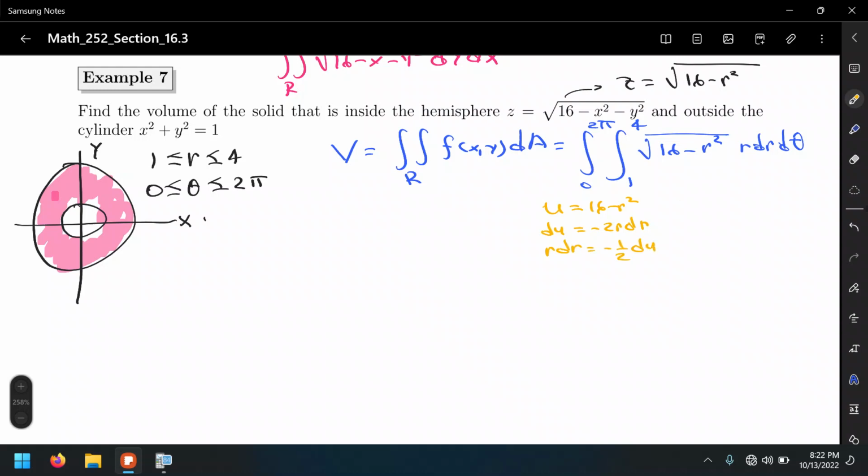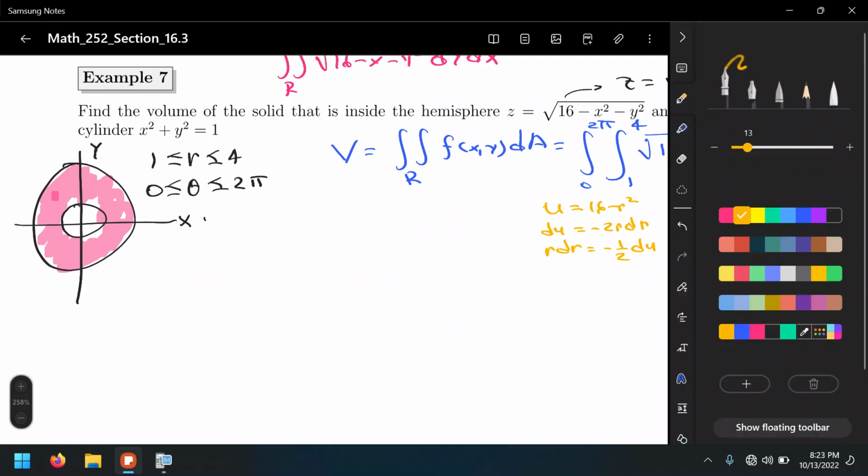Alright, let's change the limits of integration to avoid back substituting long expressions on radicals. So u of 1 and u of 4. That's 16 minus 1 squared, 16 minus 4 squared. So that's going to be 15. And 16 minus 4 squared, which is 16 minus 16, isn't that going to be 0?